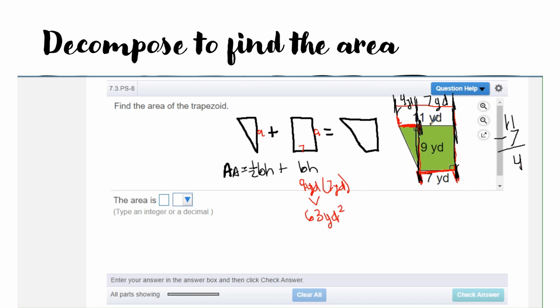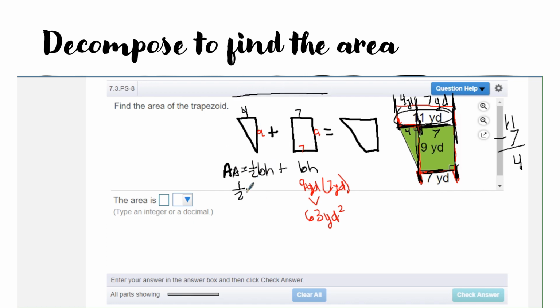So if this length from here to here is 7, because a rectangle has 2 sets of parallel sides, this length right here must be 4 in order to add up to the entire length 11. 7, 8, 9, 10, 11, the total distance from here to here. So for my triangle, I'm going to use 4 as my base, not 11, because 11 is too long. 7 plus the 4 is the total 11, right?